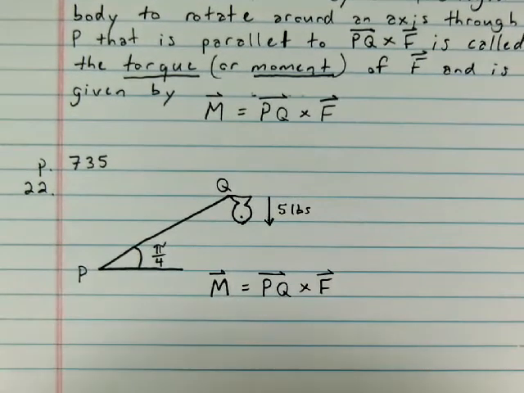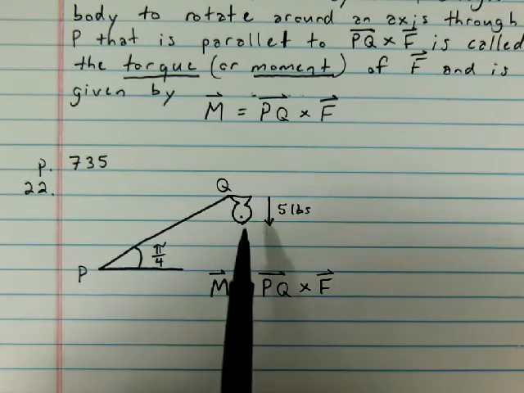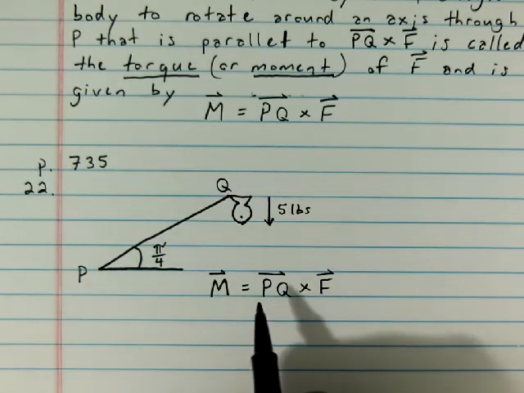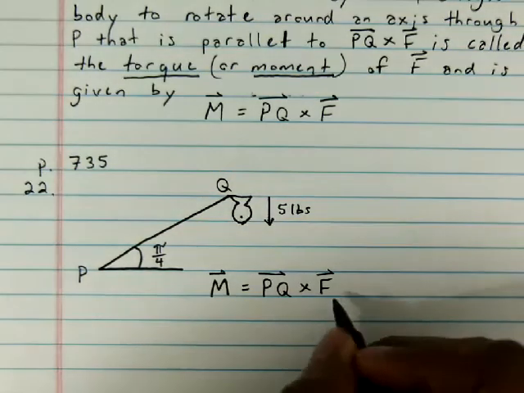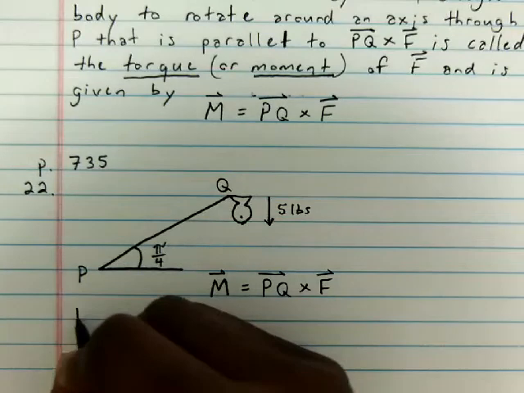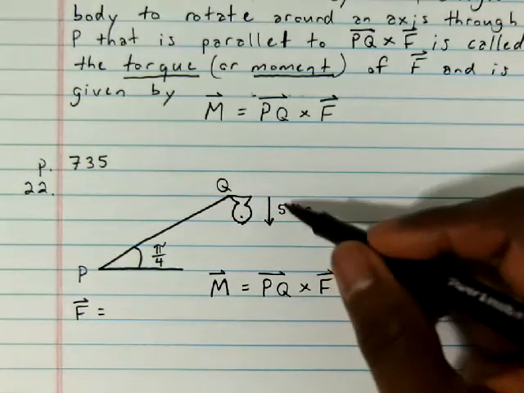So because we're working in 2 dimensions, because we're just looking at the plane that the fish is actually in, we can simplify this. So first let's find the easier of the 2 vectors. Let's find what F is first, because that's the easier one to find. So F now is just this vector.